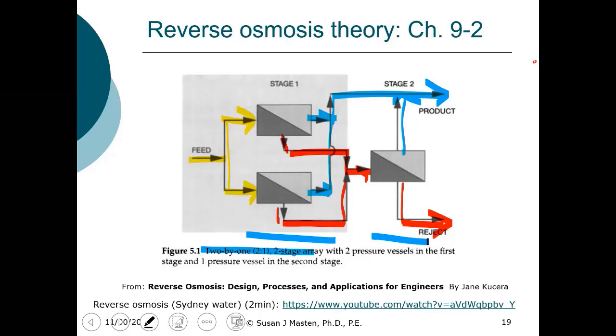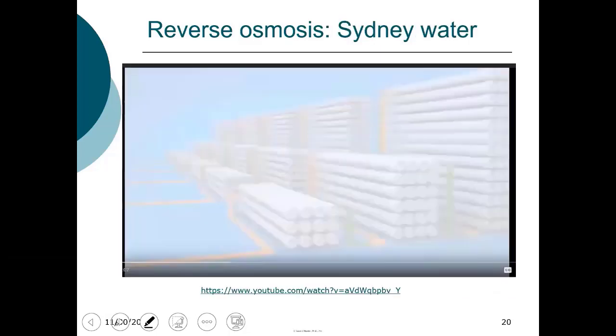Then you take the reject stream, and you'll have a smaller membrane unit there, and you're going to try and squeeze out more water. So you're basically trying to produce as much water as you possibly can from that feed stream. This is an example of a system in Sydney.